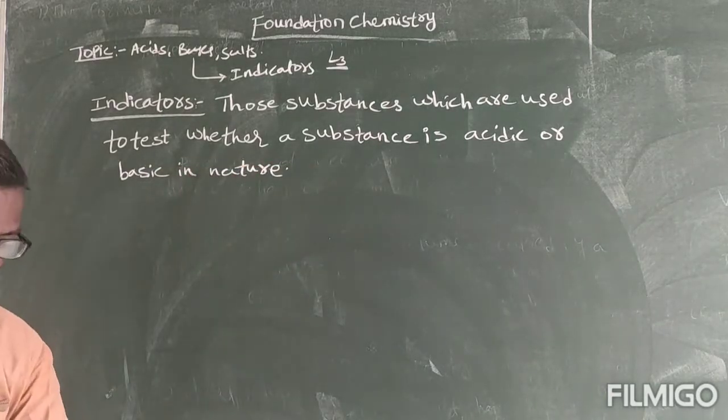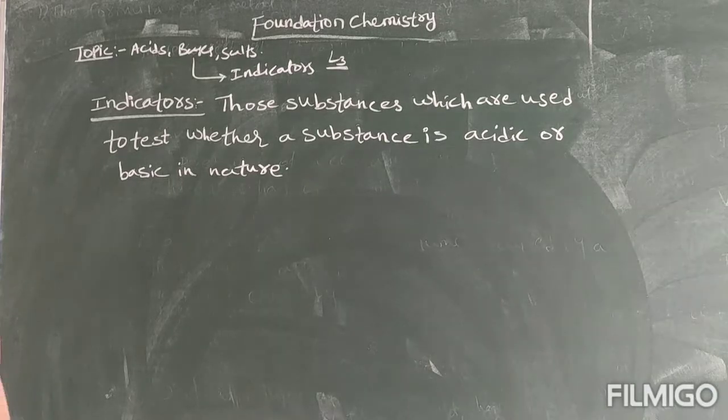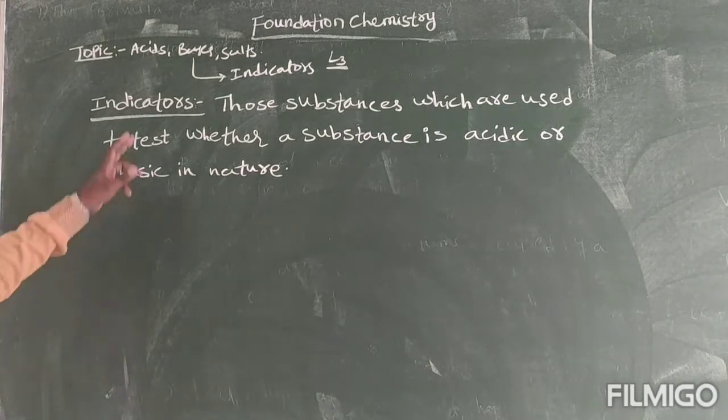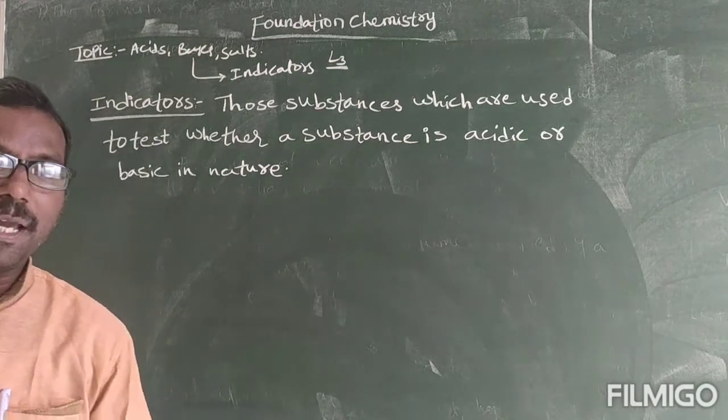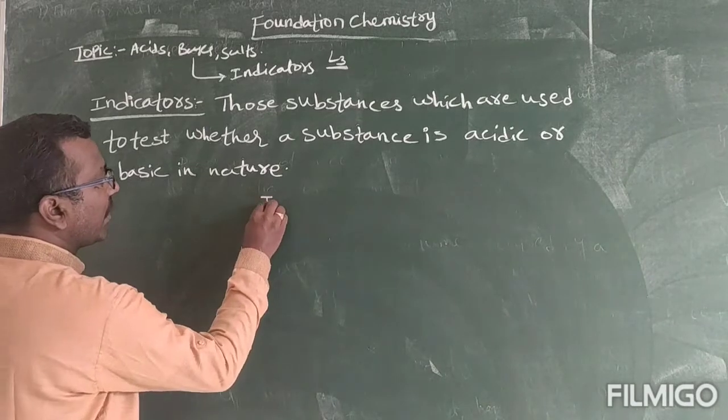Okay, so whether the substance is acidic or basic in nature, we use indicators. So in indicators we have different types again.